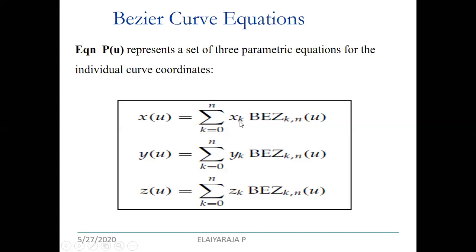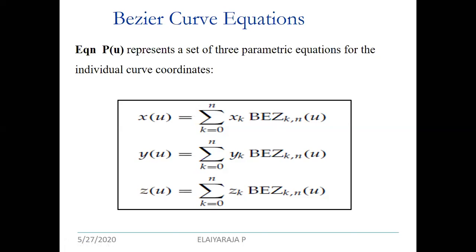Suppose you have 3 control points, then x0, x1, x2. If you have 2 control points, then x0, x1. Similarly with respect to y, suppose you have 3 control points, then you calculate with respect to y0, y1 and y2. Similarly z0, z1 and z2, followed by the Bezier polynomial function values also.